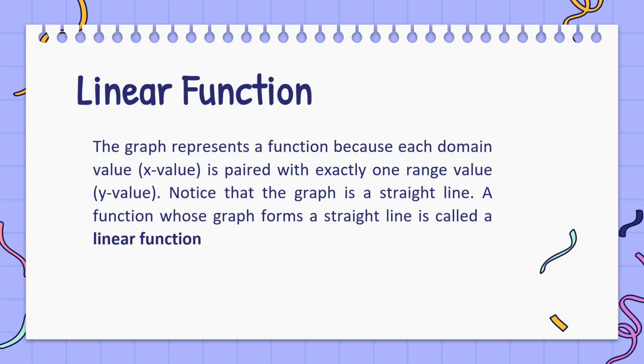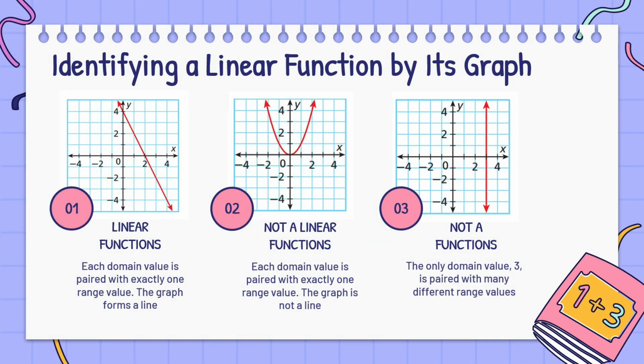In addition to the definition, we can identify a linear function using a graph and ordered pairs. First, we will learn about identifying a linear function using a graph. As we can see, there are three different graphs. Graph 1 is a linear function. Why? Because its domain value is paired with exactly one range value, and the graph forms a line.